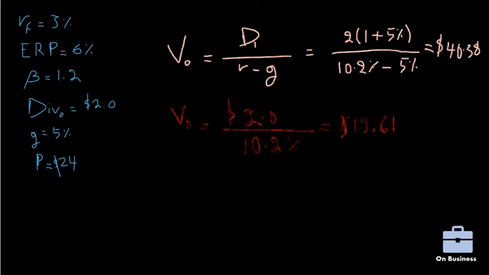Another thing that we could do with this given is calculate an implied G, which is an implied growth rate. It means I'll consider that the price is the value.